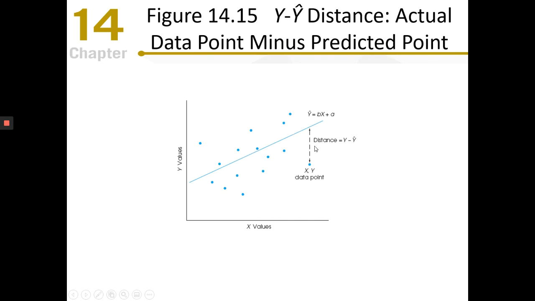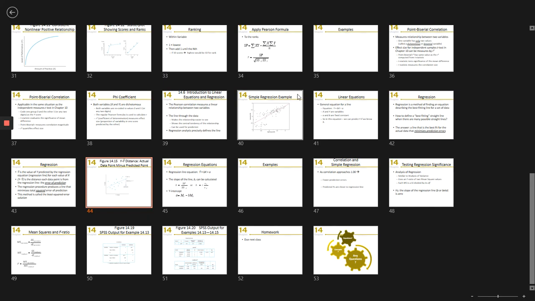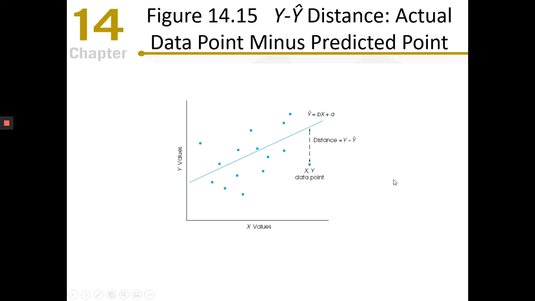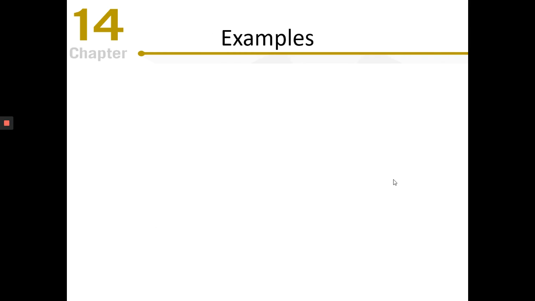So with these errors, the correlation is going to be smaller than if the dots are closer. If dots are closer, the errors are going to be smaller. Your linear equation is going to make better predictions because you have less errors. If the dots are farther away, then the errors are bigger. And then when you're doing your predictions from the linear equation, your errors are going to be bigger also.